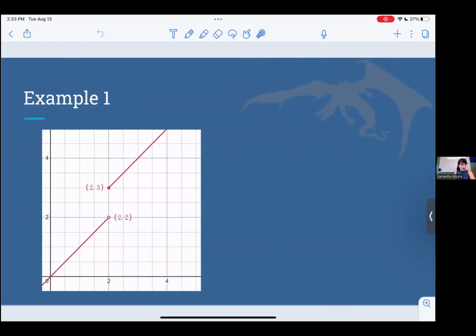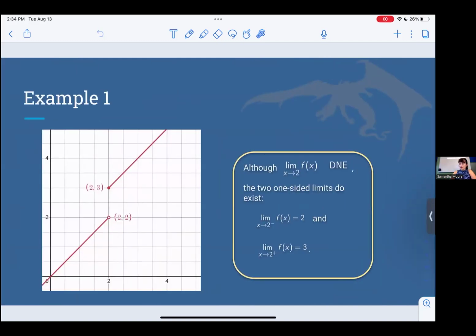Okay, so let's look at an example here. We saw this function last time, and we saw that the overall limit as x approaches 2 does not exist in this case, but each of the one-sided limits do exist. In particular, if we think about our x values approaching 2 from the right-hand side, what we'll end up seeing is that the y values are approaching 3.